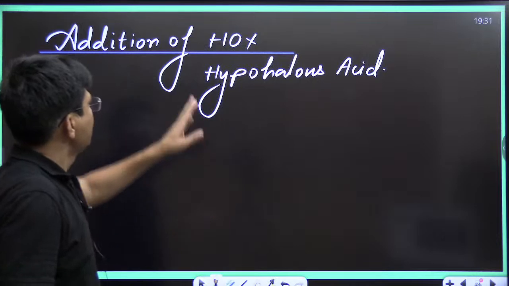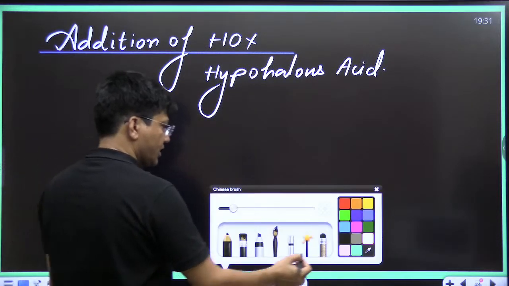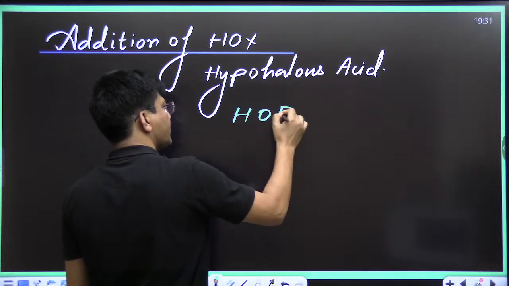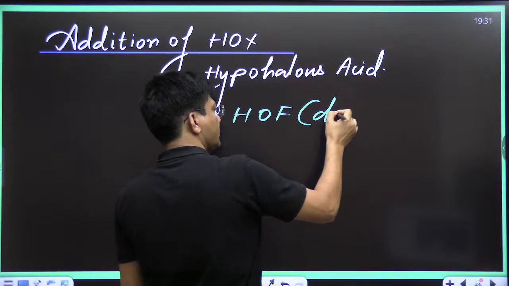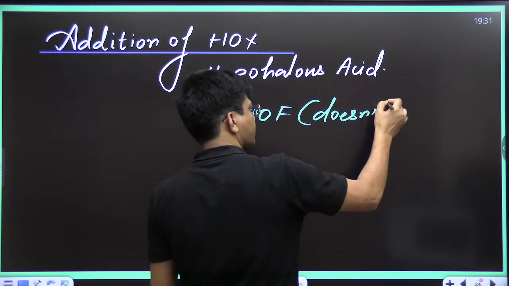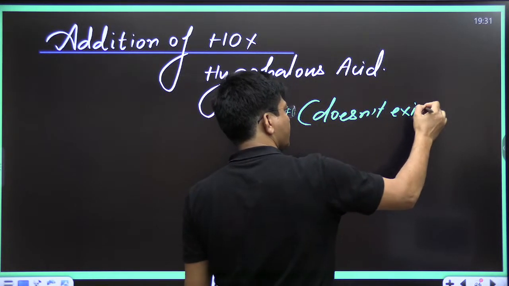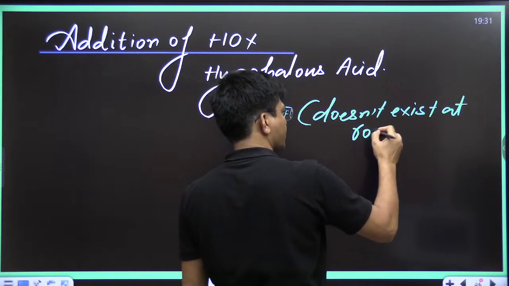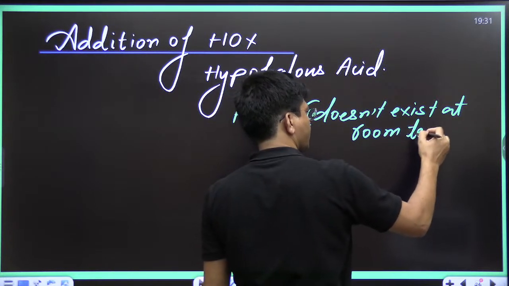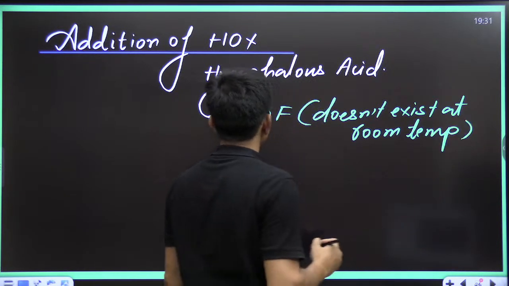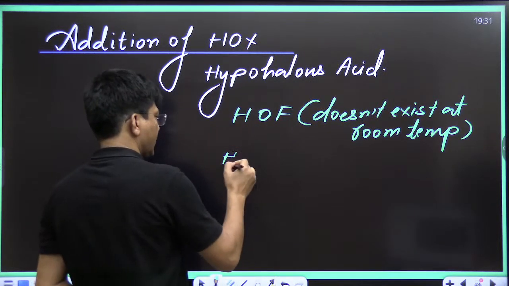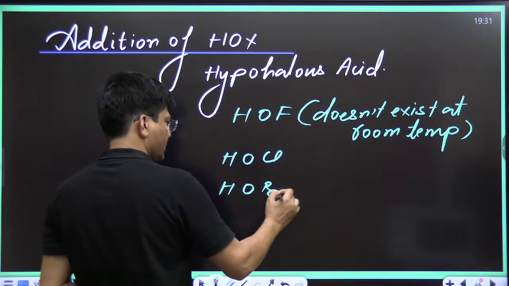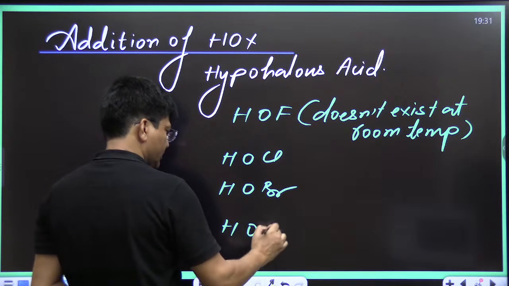So like that, if I talk about HOF, HOF doesn't exist at room temperature. HOCl exists. HOBr also exists. HOI also exists.